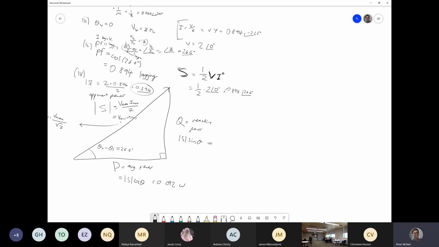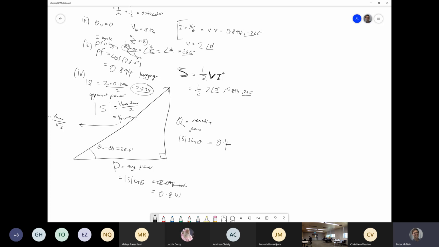And mod S sine of, oh, sorry, wait, I had my calculator in the wrong setting. Yeah. 0.8 watts here. And then for mod S sine theta, we get sine theta 0.4. And so this is in watts, the real average power.